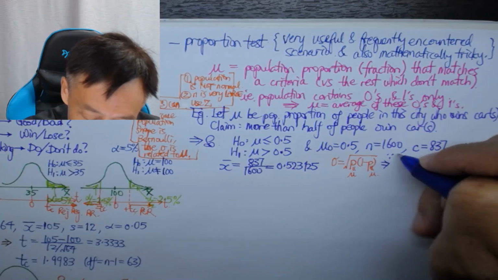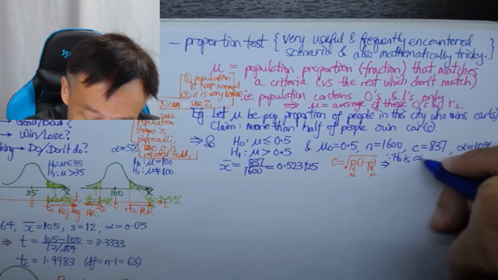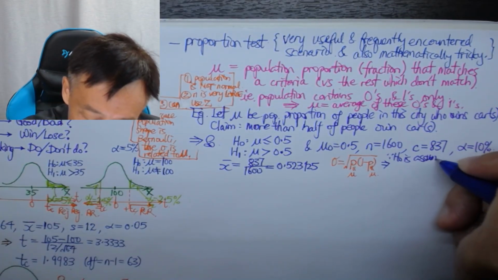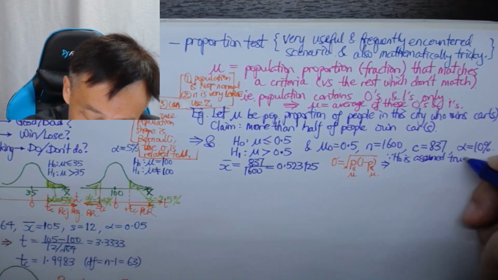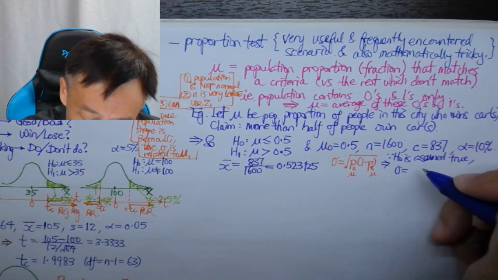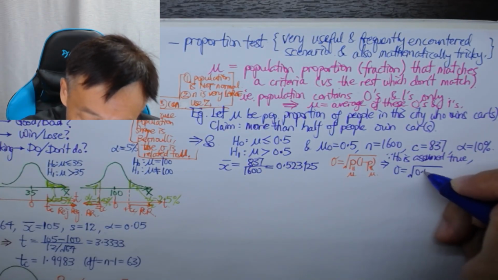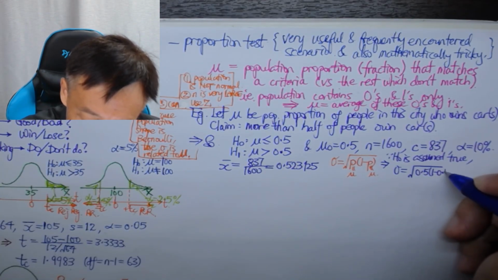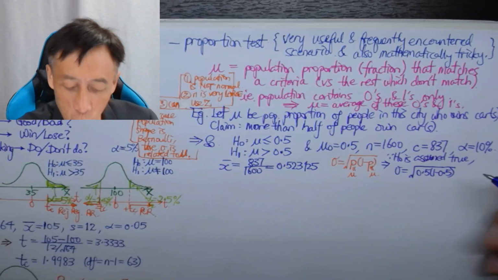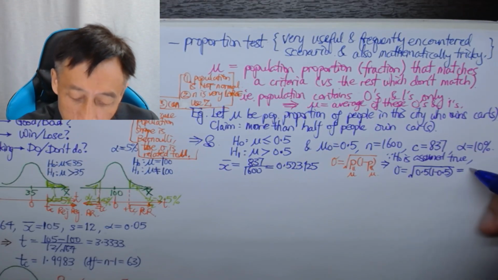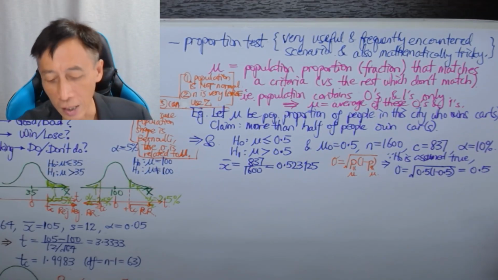Since H naught is assumed true, we get sigma equal to the square root of 0.5 times 1 minus 0.5, which is 0.5 squared, then take the square root. So sigma is perfectly 0.5.